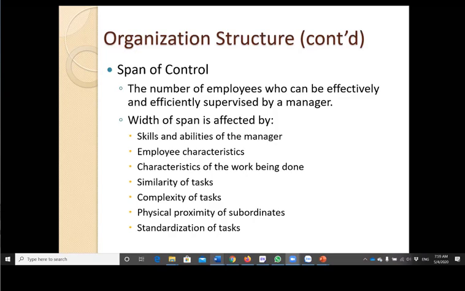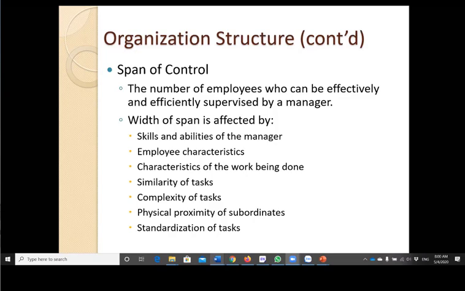The more skillful the manager, the larger the width of span he can possess, the more people he can manage at the same time. The skills and ability of the managers impact the width of span.